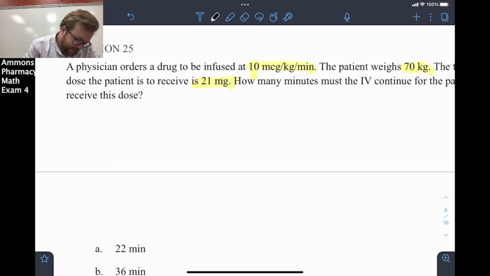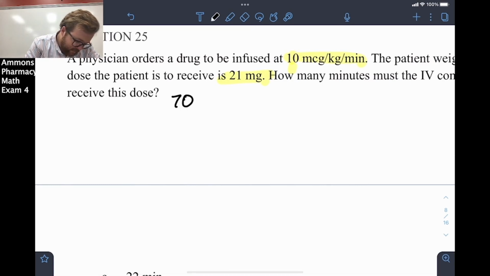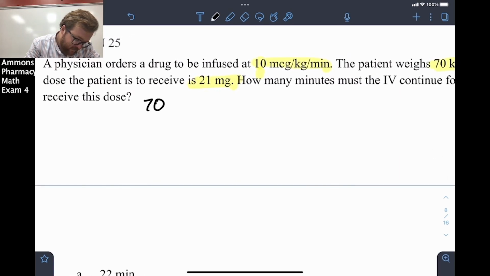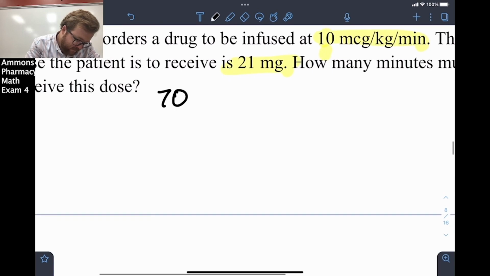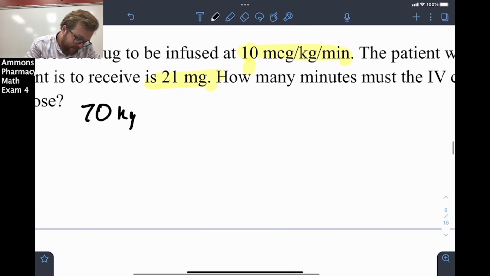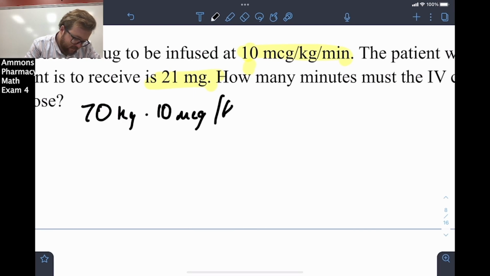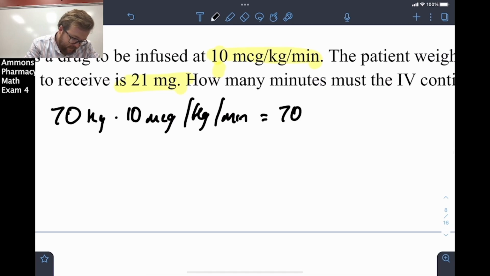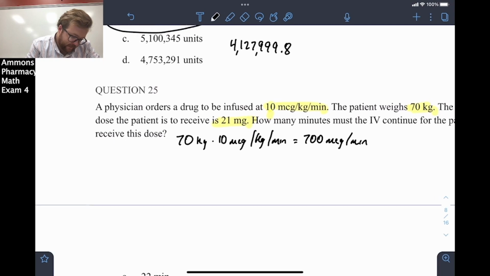So he weighs 70 kilos, and he is supposed to get 10 micrograms per kilogram per minute. So he gets 700 micrograms per minute. Okay.